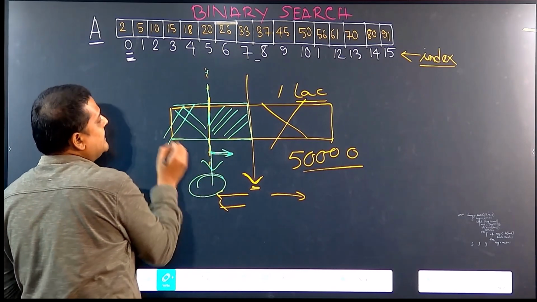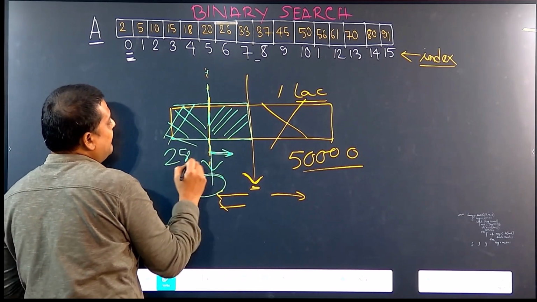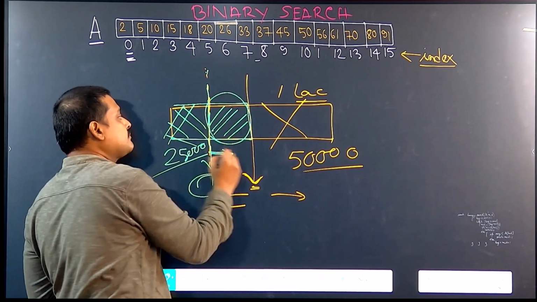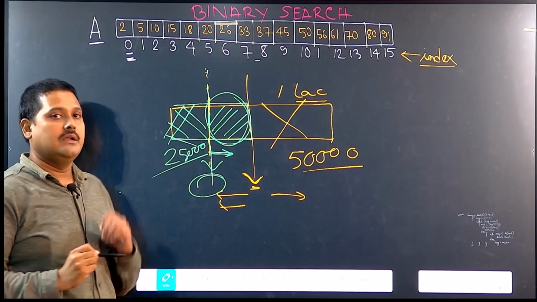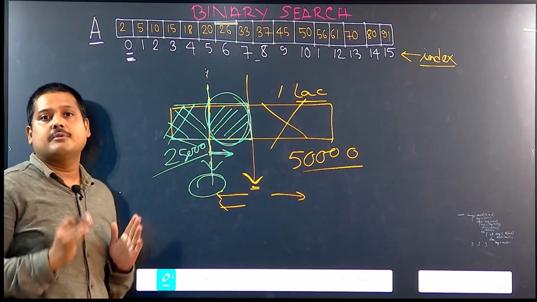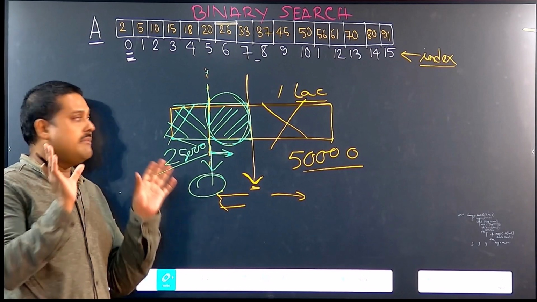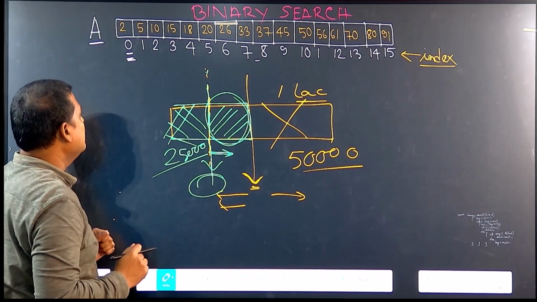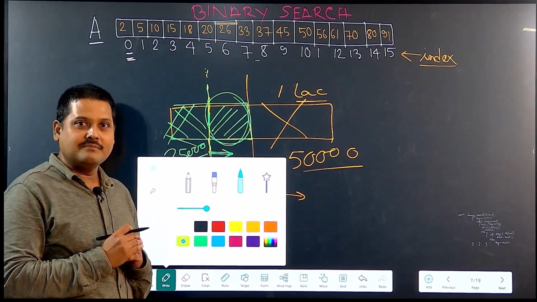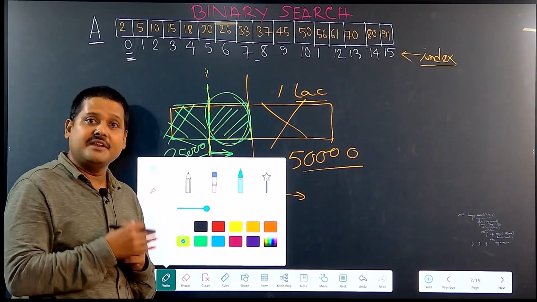So, this domain is discarded, nearly 25,000 elements are discarded, that means I have to search from 25,000 elements. This way we divide the whole problem into two parts, and every time we search in a new list, dividing the whole problem into half. So, that is very easy.